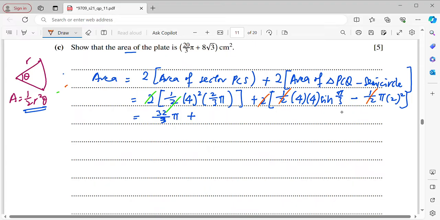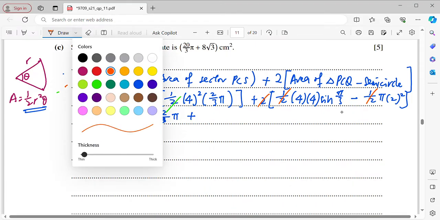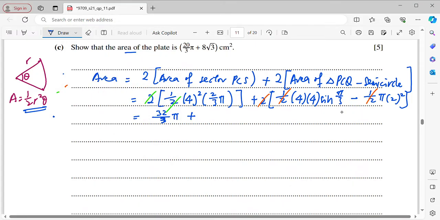So sine pi over 3 is basically square root 3 over 2. So 4 times 4 is 16, then square root 3 over 2. Then minus 4 pi. Then from here, 32 over 3 pi minus 4 pi, you will be getting 20 over 3 pi. Then the 16 over 2, you can simplify it into 8. So at last, you'll be getting plus 8 square root 3. Then this is your area.